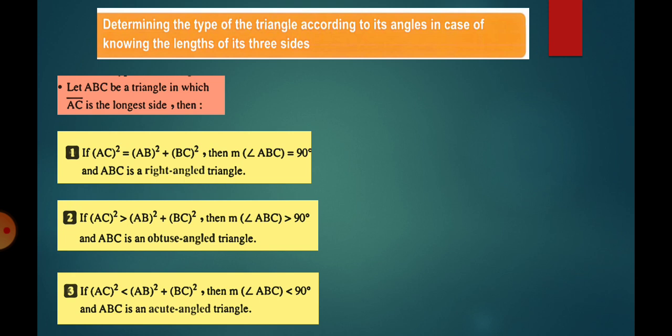So we find the power 2 of the longest side and the sum of the squares of the two other sides. If the square of the longest side is greater, the triangle is obtuse. If it equals the sum, the triangle is right angled. If it is less than the sum, the triangle is acute angled.